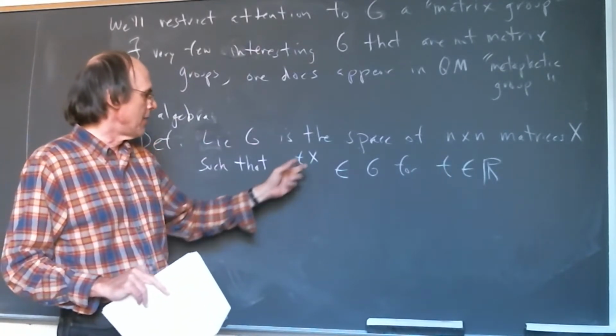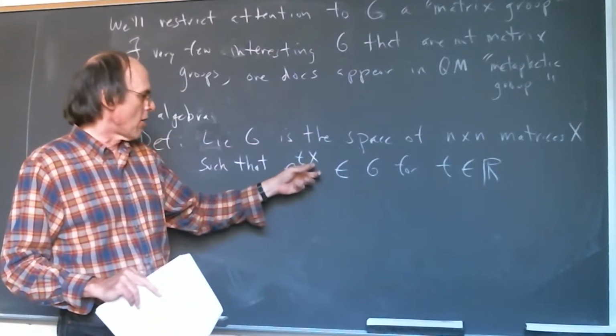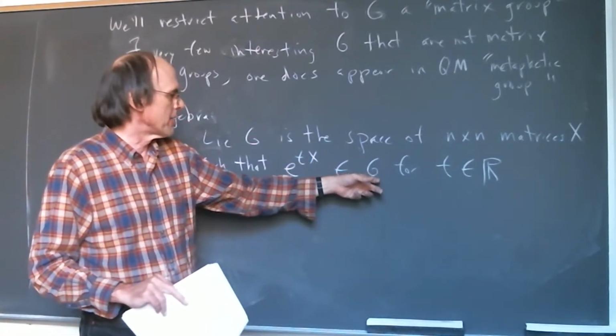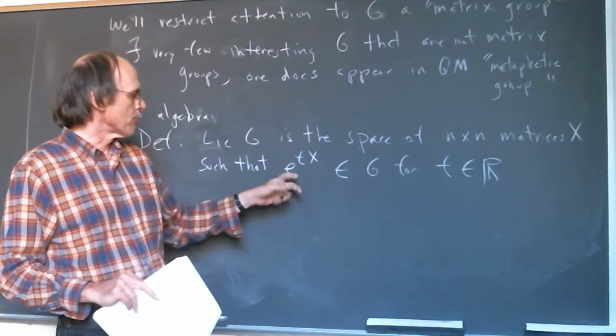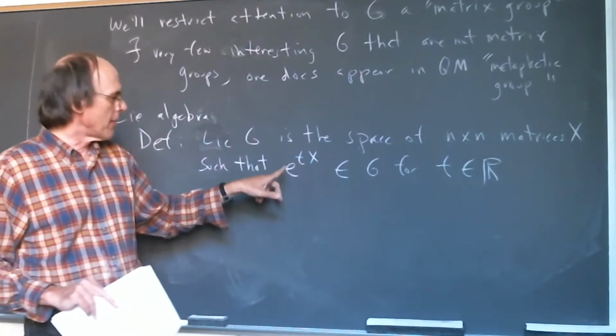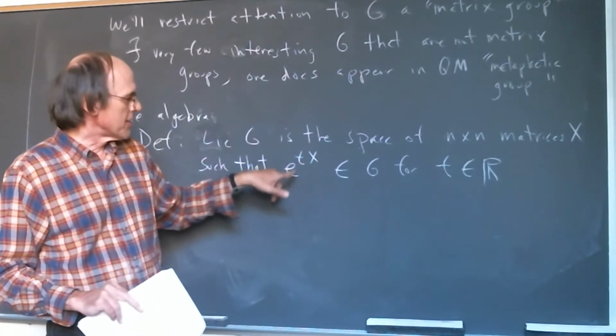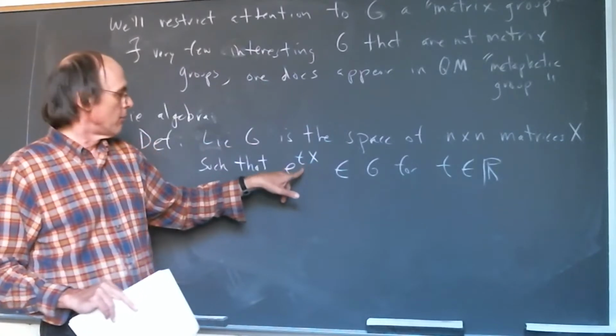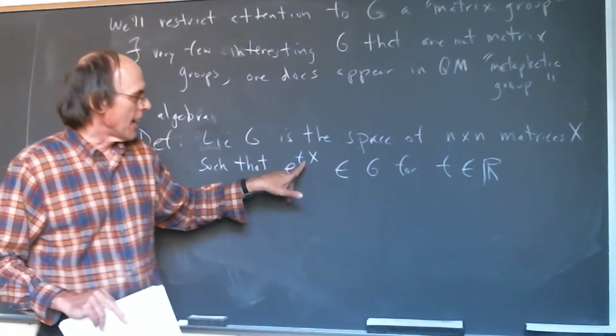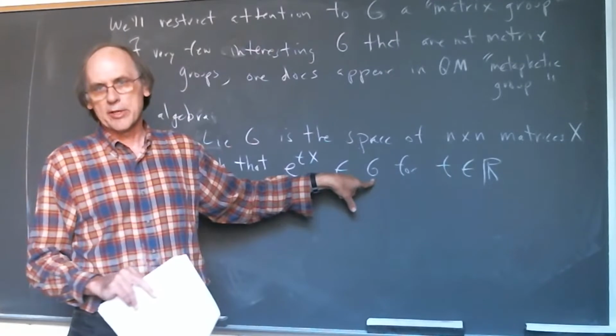A better way to say that is that these are matrices that you can exponentiate, with this parameter, and get elements in the group.